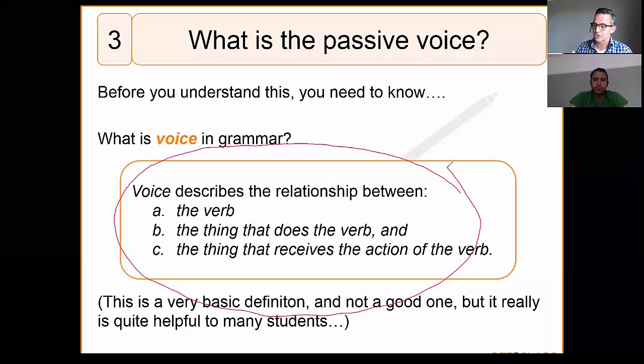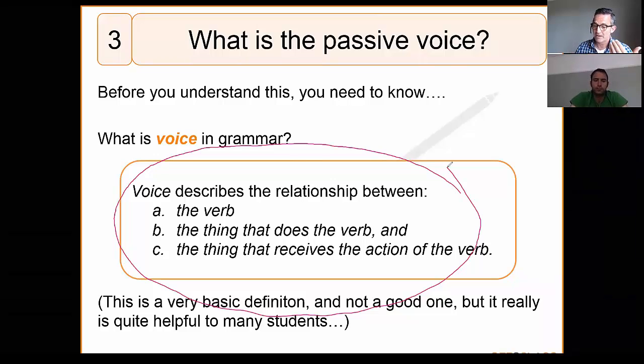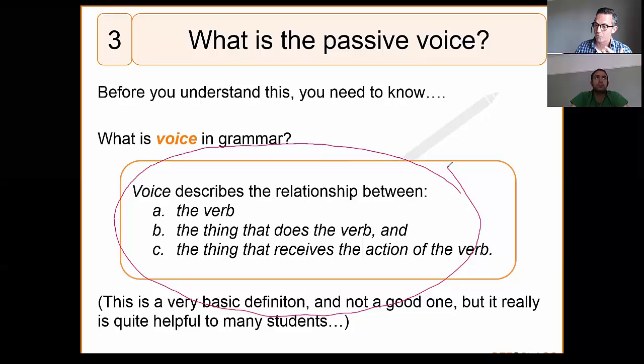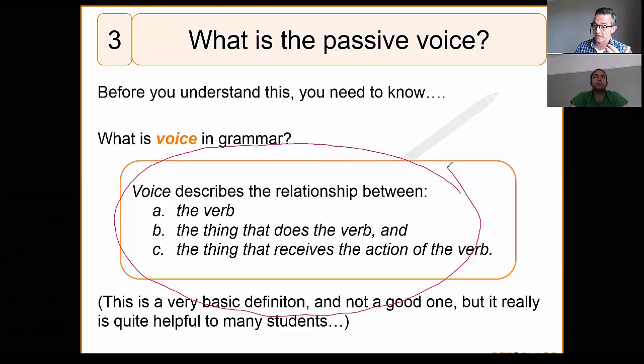So it's the relationship between the verb, the thing that does the verb, and the thing that receives the action of the verb. Now, it's not a very sophisticated definition. However, I think it works particularly well for students to gain a basic understanding of what voice, and then passive and active voice, are, because we always have a verb, and then everything depends on the relationship as to whether it's active or passive.